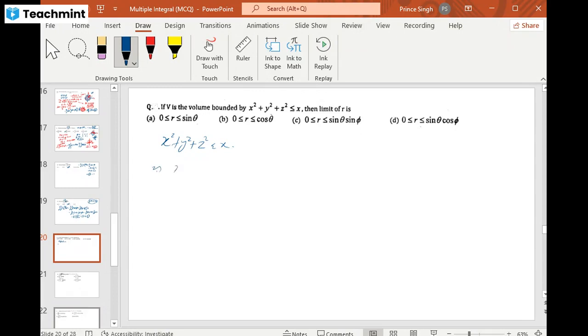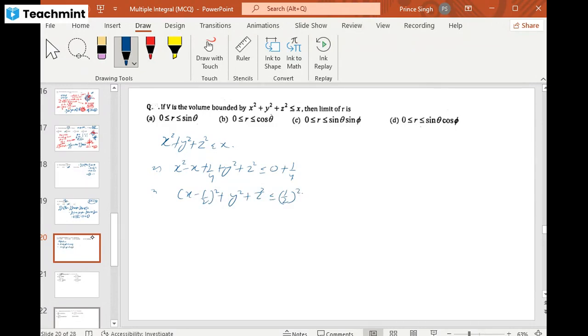So this is x square minus x plus y square plus z square is less than or equal to 0. Here we are going to complete the square. Half the coefficient of x is 1 by 2, its square, adding and subtracting 1 by 4. So this is x minus 1 by 2 whole square plus y square plus z square is less than or equal to 1 by 2 square.